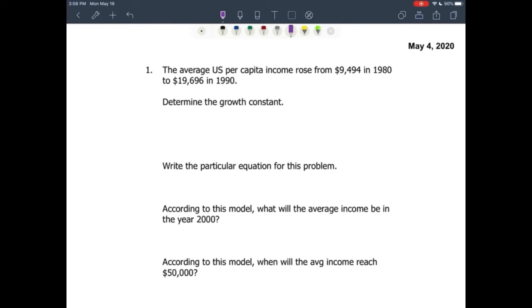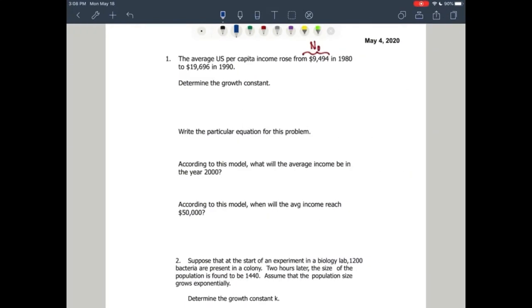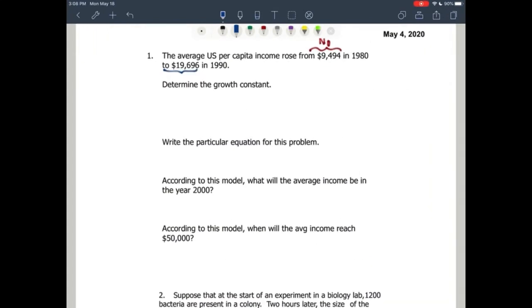Determine the growth constant. Okay, so let's talk about what they've given us. They gave us an initial value. So this is an initial value right here. I'm going to call that N naught. And then they gave us an ending value, and I believe I used blue for the ending value. I did. Good. I want to try and be consistent.